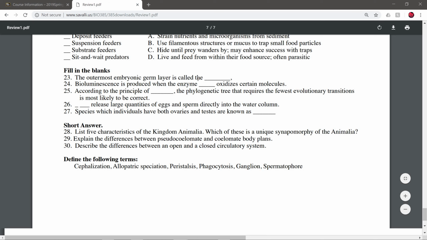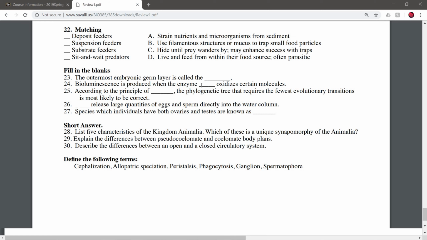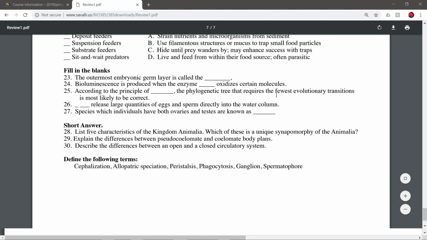Okay, fill in the blanks. There we go. Now you've got to think up words. The outermost embryonic germ layer is called the ectoderm. Bioluminescence is produced when the enzyme blank oxidizes certain molecules. Luciferase. All enzymes end in -ase, so luciferase is the enzyme.